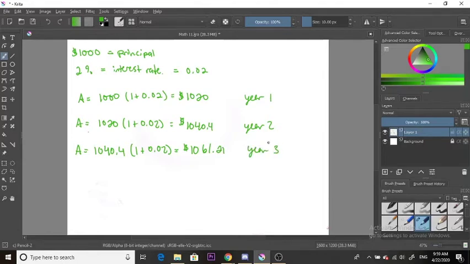So year 3. So you can see that our initial value is growing, and it's growing each year. Now this is what we call compounding interest.